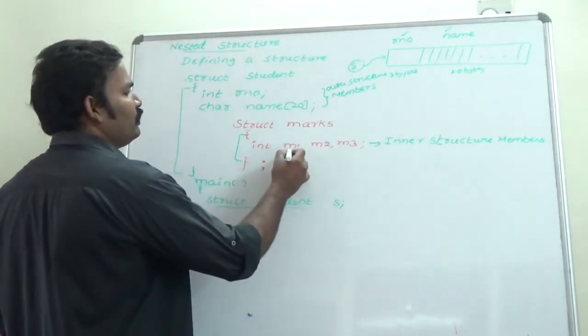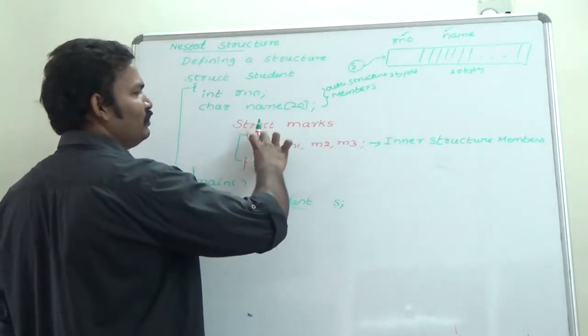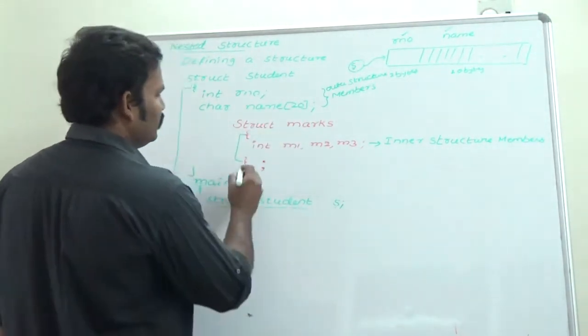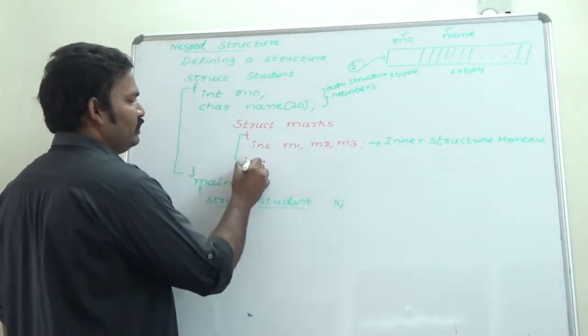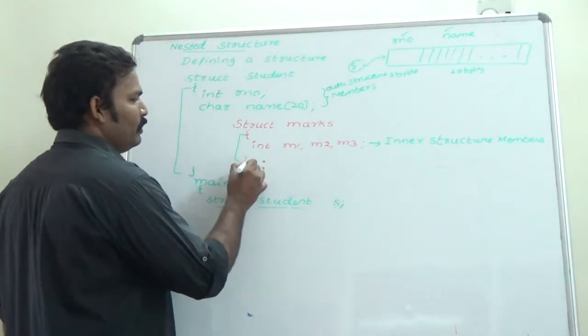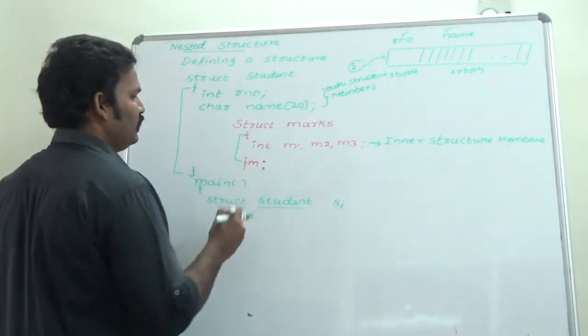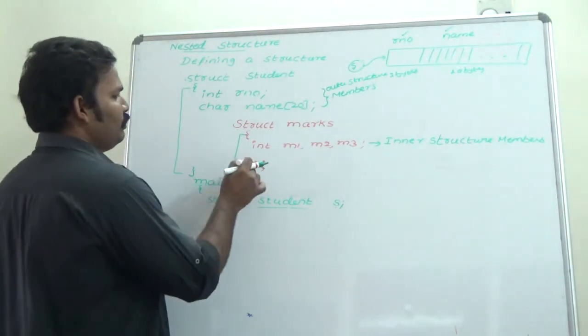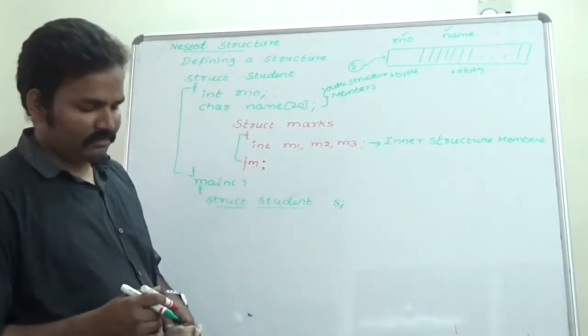Now I want to create an object for this particular structure. So no need to write it like this, you can simply declare a variable. Here M is the variable of struct marks type.